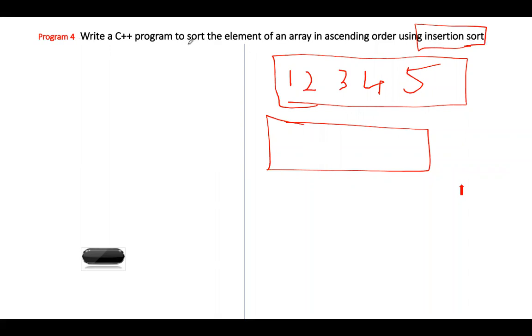First let us understand what sort is. Sort is simply arrangement of elements one after the other. Insertion sort means you will insert those values accordingly in the form of ascending order. So this is the concept of the program.